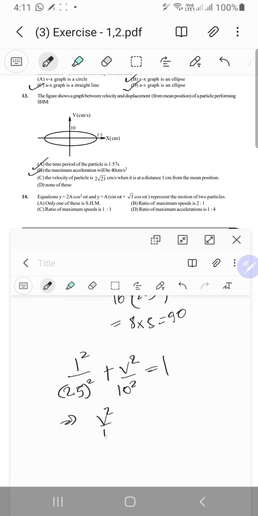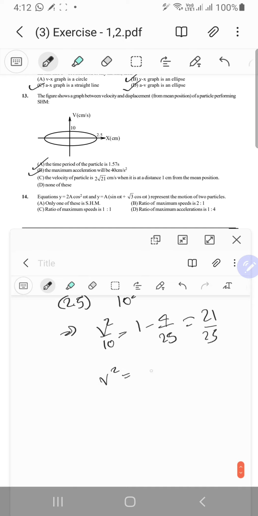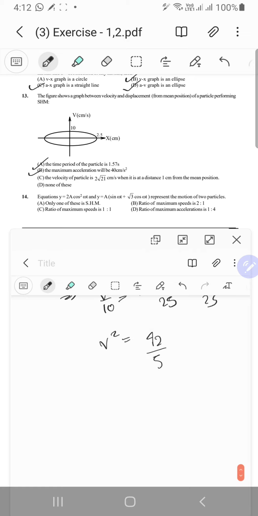So v squared upon 10 squared equals 1 minus 1 upon 25 over 4, more like, well, 2.5 is 5 by 2, so it's going to be 2 by 5 squared, so 1 minus 4 upon 25, which is 21 upon 25.